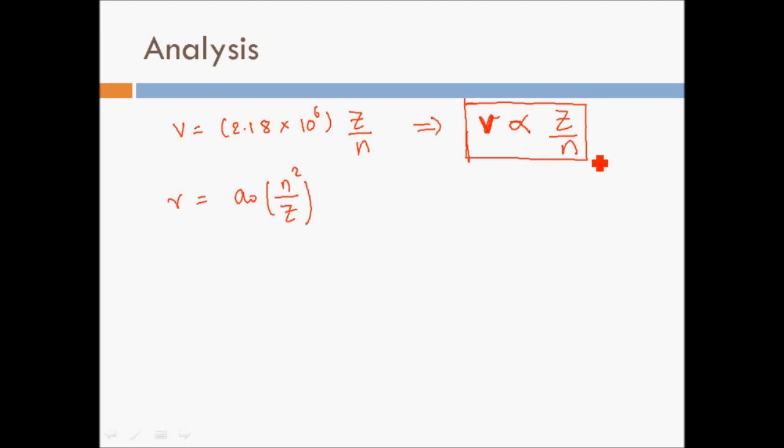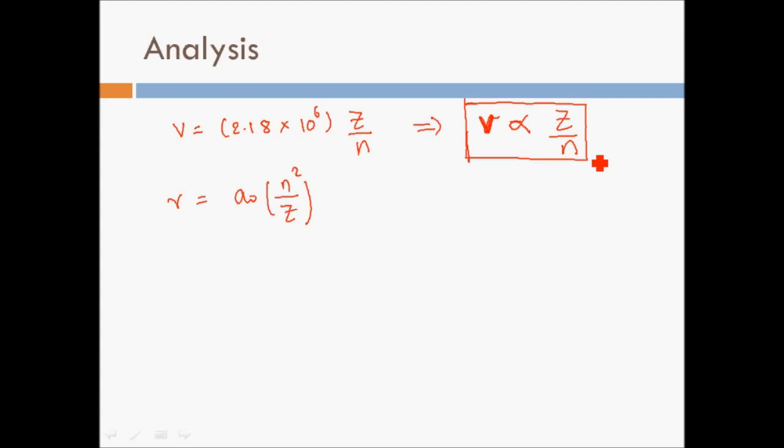And why is velocity directly proportional to z, the atomic number? That is a much easier and more straightforward explanation: the greater the electrostatic force, the greater will be the velocity. Electrostatic force depends on the magnitude of the charges, and the charge inside the nucleus is equal to Ze.